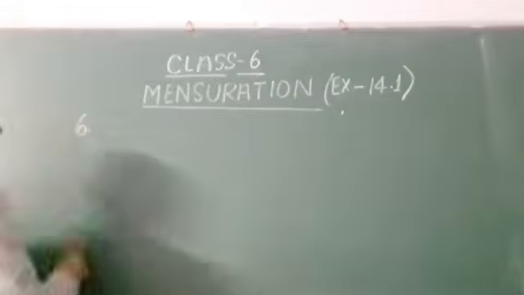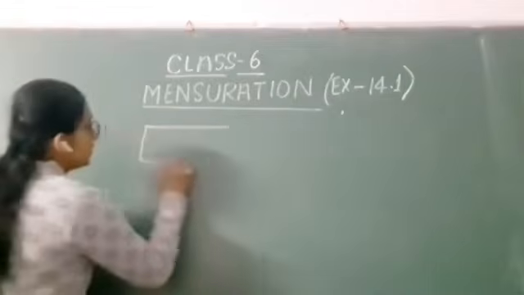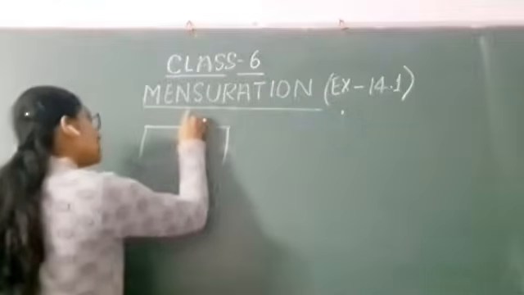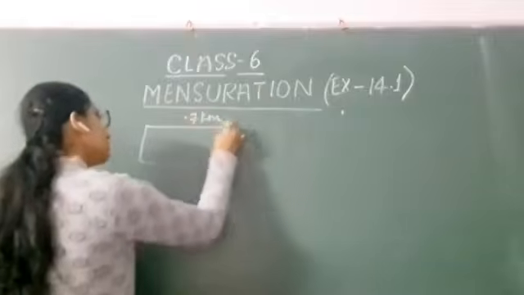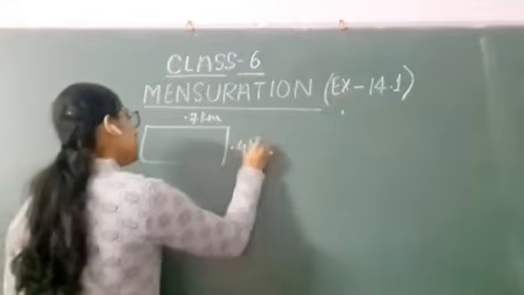Question number 6. It is given rectangular land in which length is given 0.7 kilometer and breadth is given 0.4.